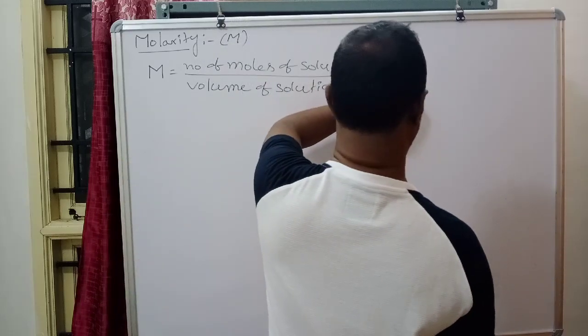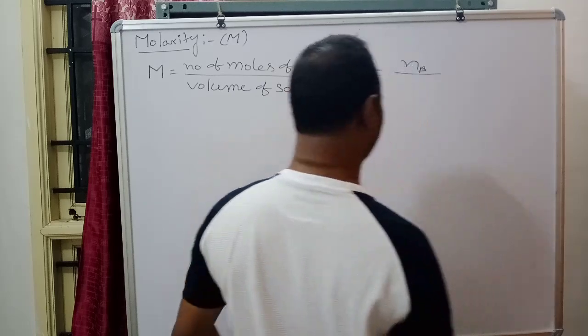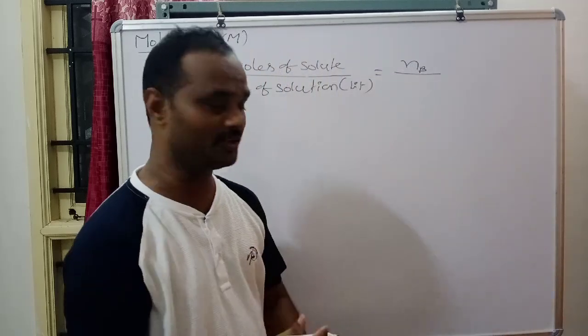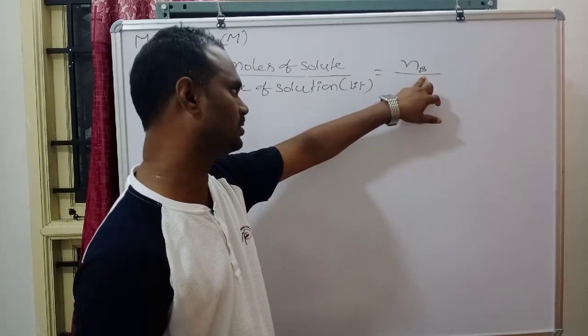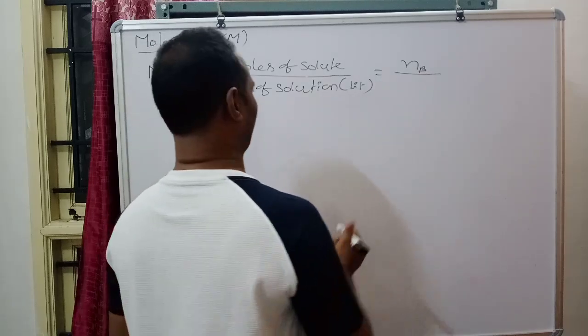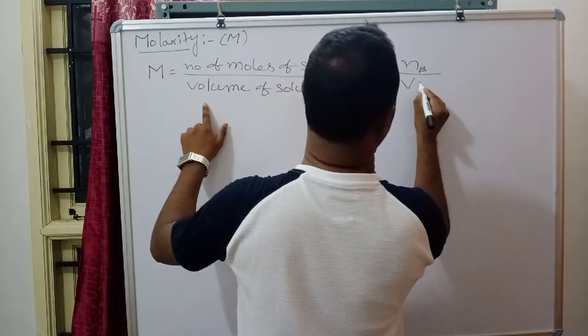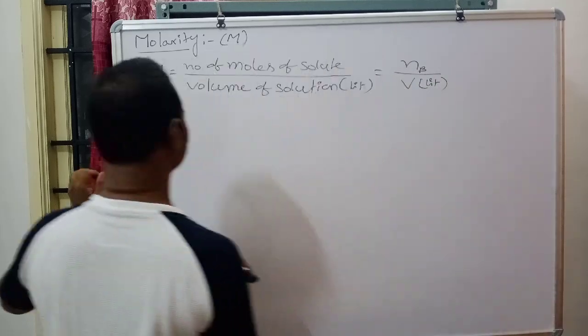Number of moles means N. Solute is indicated by the suffix B; B refers to solute, as you already know, and capital A indicates solvent. Here V is the volume of solution in liters.